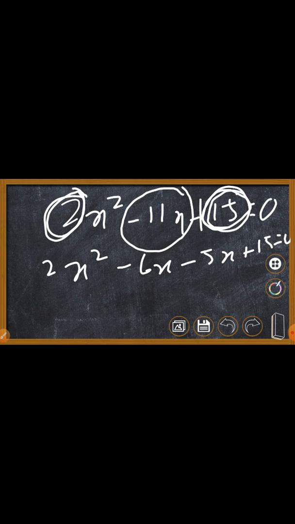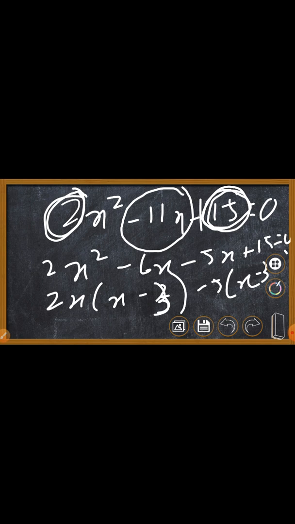Now if you take 2x common from the first two, it is x minus 3, because 2 3s are 6. And from the last two, if you take minus 5 common, it will be x minus 3.